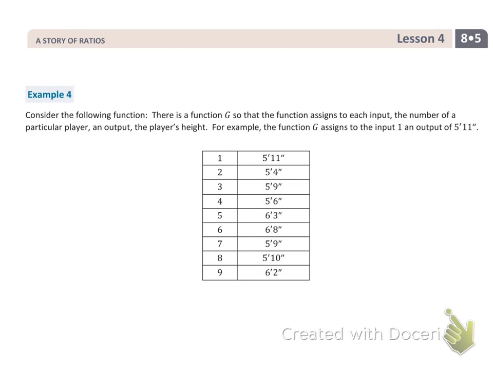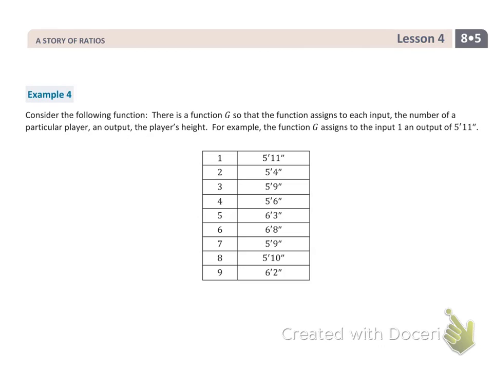Okay, so this fits the definition of a function because there is a unique output for each input. And so I could ask you questions like, what number does the function assign to player 2?